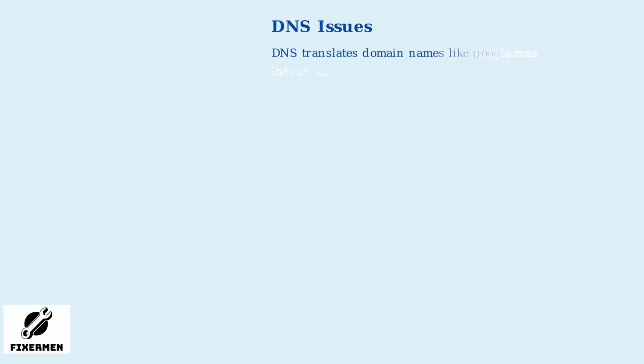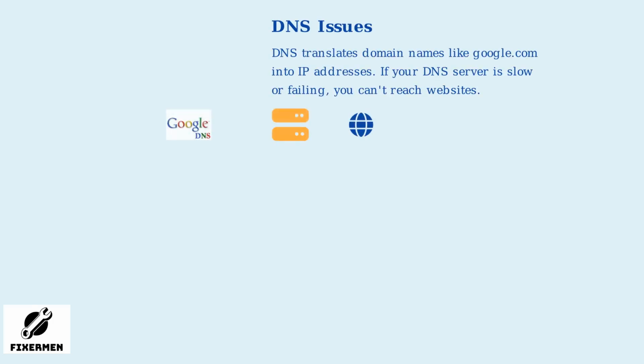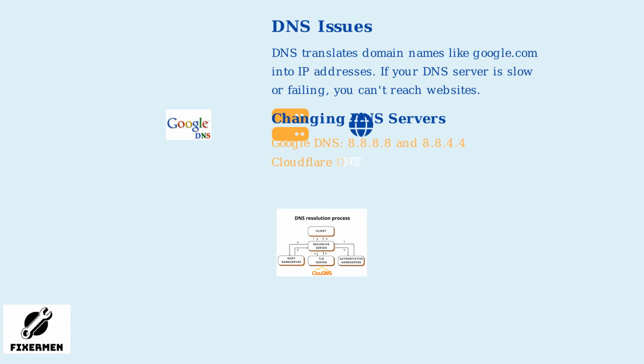Another common cause of offline issues is DNS problems. DNS servers translate website names into IP addresses that computers can understand. If your DNS server is malfunctioning, you won't be able to load websites even if your internet connection is working. To fix DNS issues, try switching to public DNS servers. Google Public DNS uses 8.8.8.8 as primary and 8.8.4.4 as secondary.